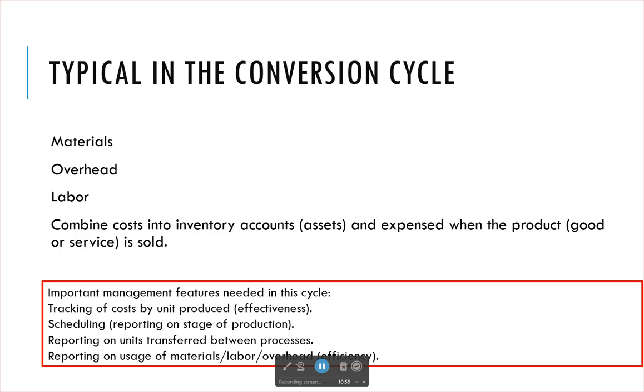Whether you're using a job ticket or using processing, you need to have an idea of the usage of your materials, and this is efficiency, and you need to think about how effective you are in terms of the units produced from the units you put in.